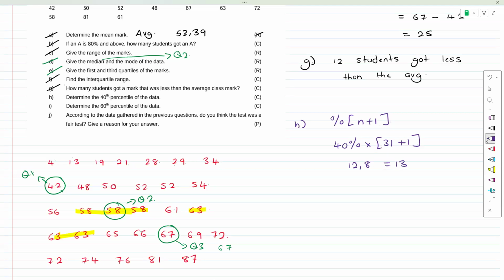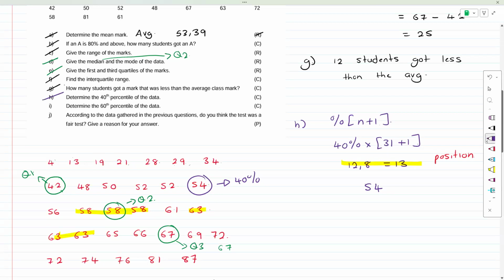And all we have to do is go and count 13 numbers. 1, 2, 3, 4, 5, 6, 7, 8, 9, 10, 11, 12, 13. And it is 54. This is the 40th percentile. The answer is 54. Please understand, this is position. You have to go and physically count the numbers.